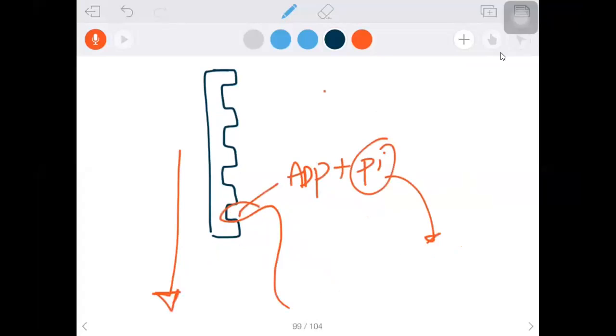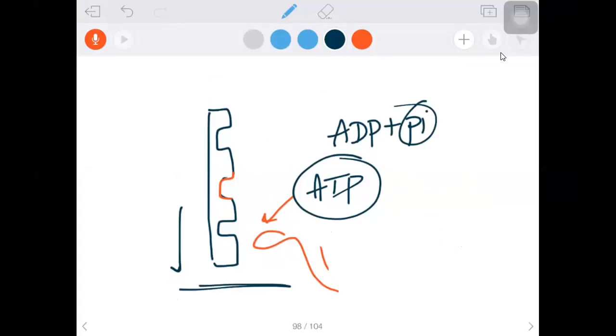When the phosphate ion is liberated, the power stroke occurs. Then ADP is also liberated. Then when a new ATP molecule comes and attaches, detachment occurs.